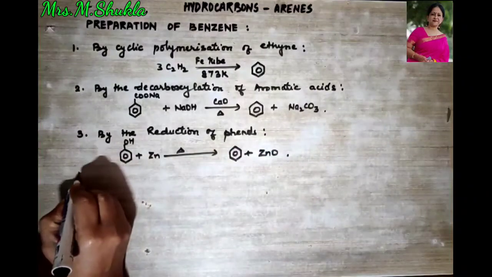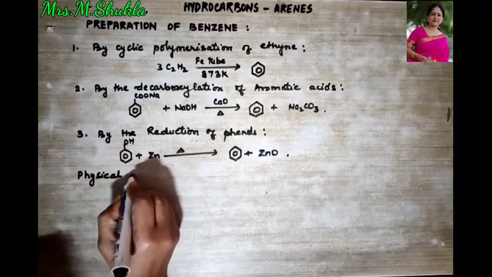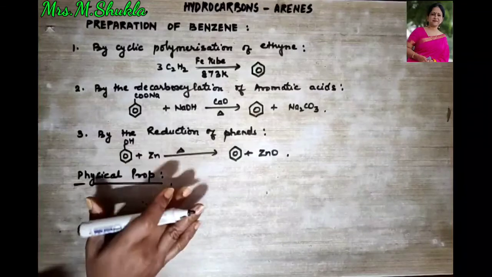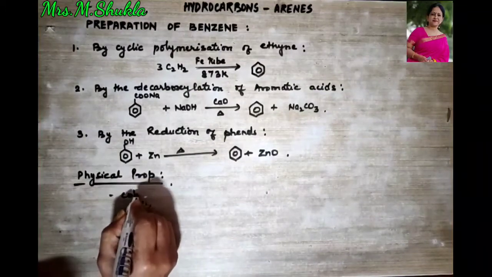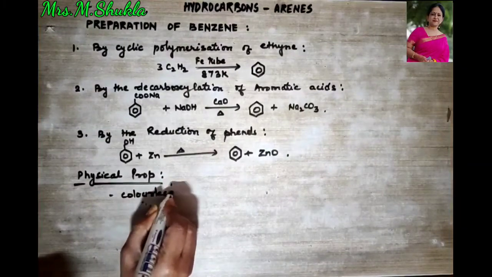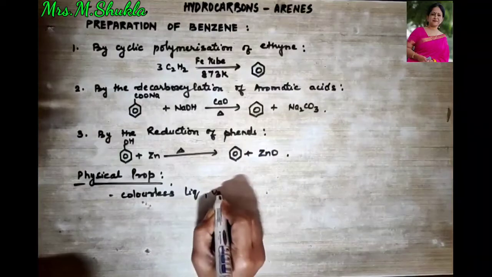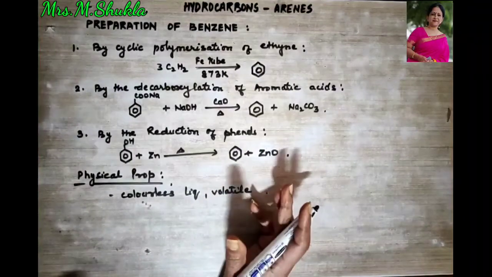Now let us talk about some physical properties, okay, and then we shall come to the chemical properties. So physical properties of benzene, what do we know? Firstly, it is a colorless liquid and it is volatile in nature, okay. Volatile, I hope you know, means which vaporizes, right?